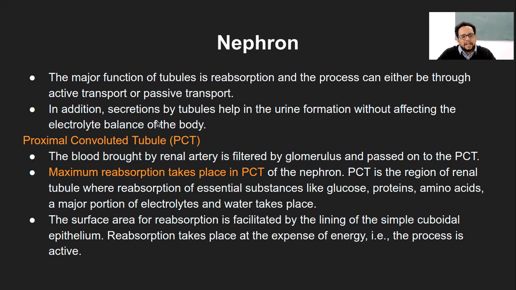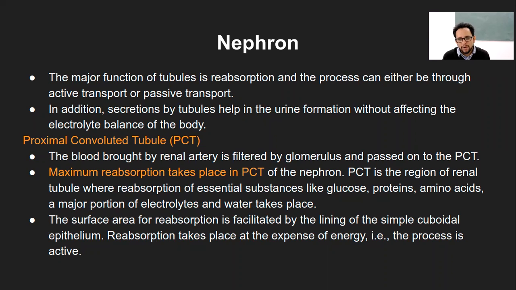Secretion means, let's say there is an excess of a particular ion or particular salt within the kidney or within the blood, that will be filtered out for sure. So from the tubule itself, it will be either secreted or reabsorbed depending on whether it's more or less, and then it will go into the urine.